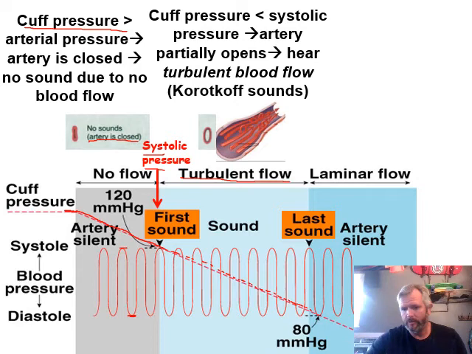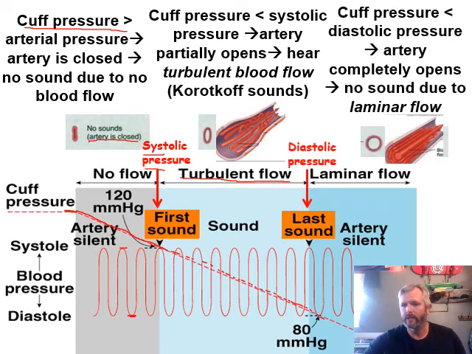And then as you continually release the pressure, just under diastolic, that's when the artery will fully open again. It will look like this. And when the artery is fully open, you can see this is the laminar flow. Just this nice linear flow. There's no turbulence to it. And that is when you will lose the sound.